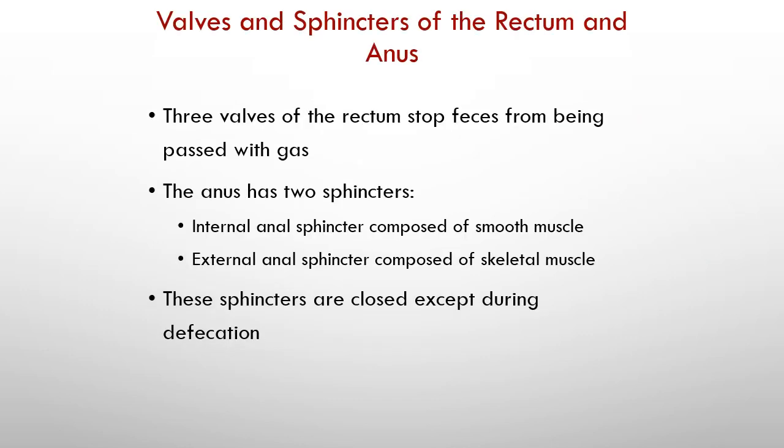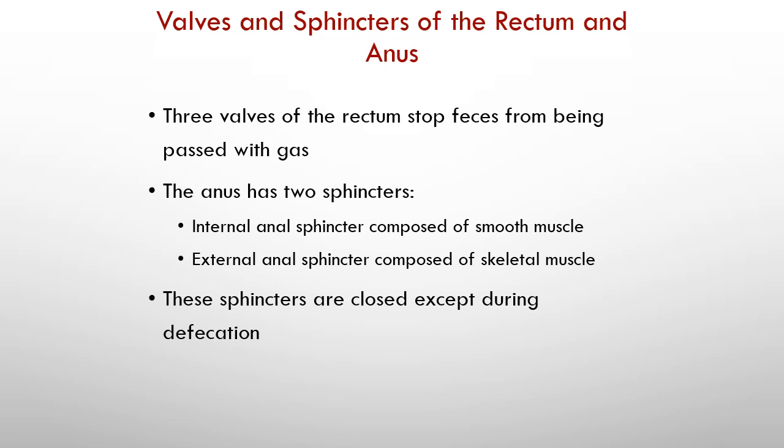Just like other places, we have to control movement. And so we have the ileocecal valve controlling movement into the large intestines. And then we also have valves that are going to control exit from the bottom of the digestive tract itself. So at the rectum and the anal canal here, we have a couple of different sets of sphincters.